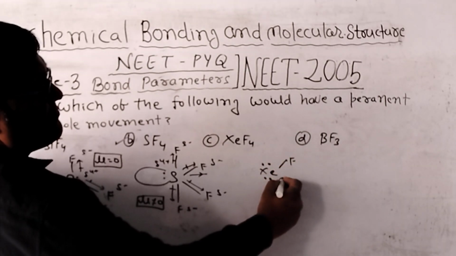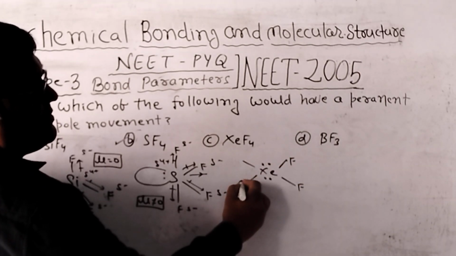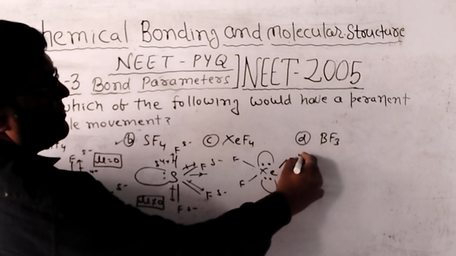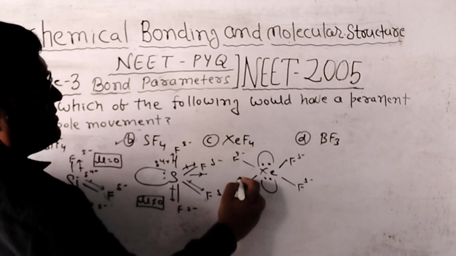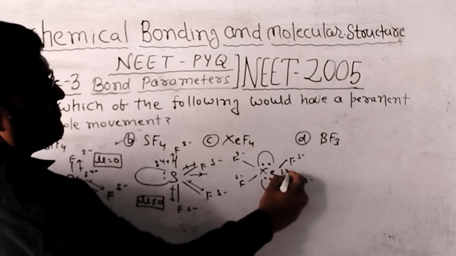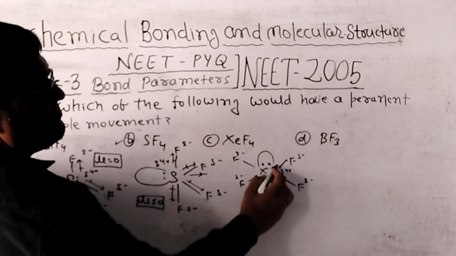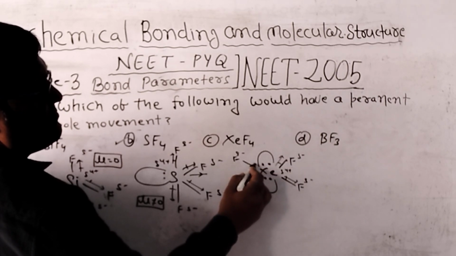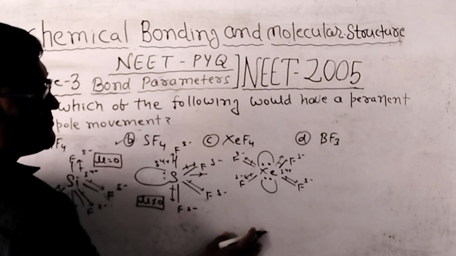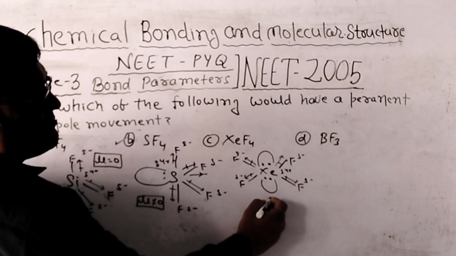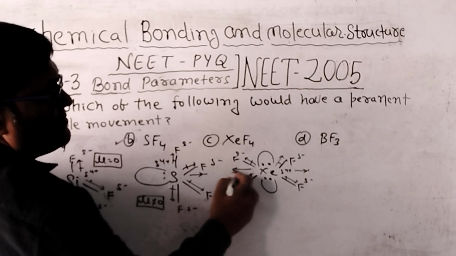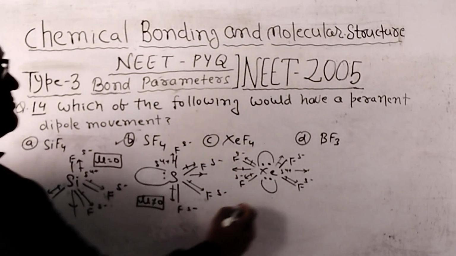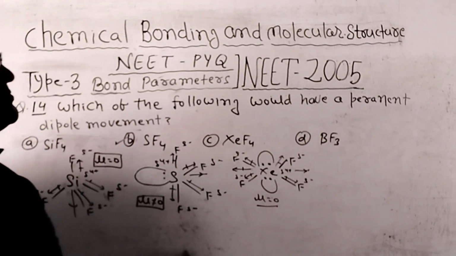Fluorine, fluorine, fluorine, fluorine, with delta minus on the fluorines and delta 4 plus on xenon. The dipole direction is positive to negative for each bond. So the resultant of the dipole is cancelled, so mu is again 0.